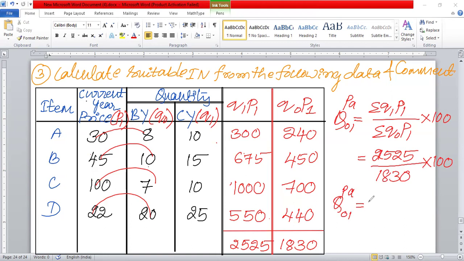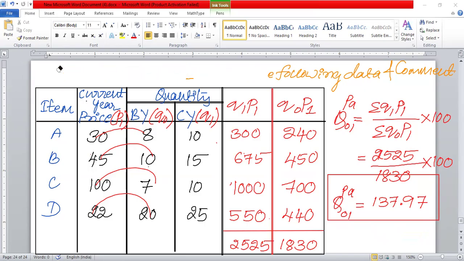So 137.97. So the comment we want to write.